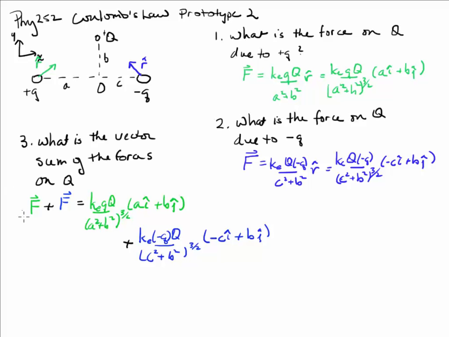Of course, it's green F plus blue F. And we can write that as k_e qQ over the distance squared to the 3/2, times the vector from plus q to plus capital Q, plus the magnitude of the blue force times the vector from minus q to plus Q.